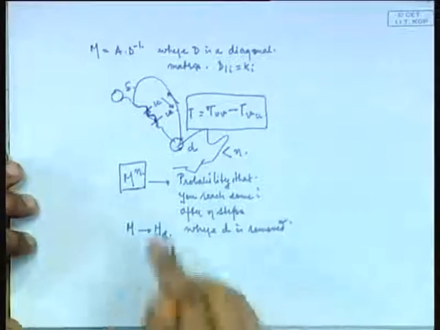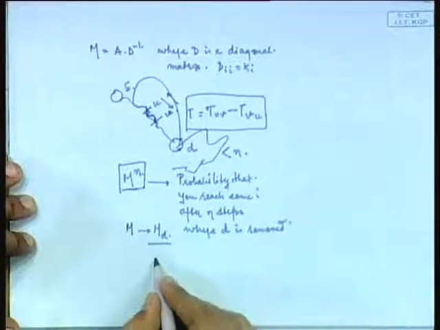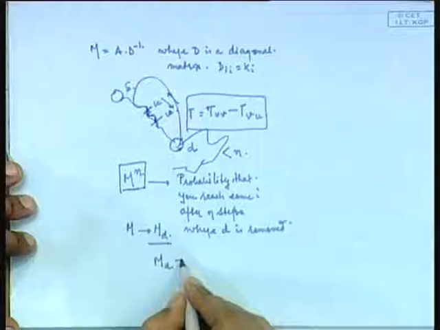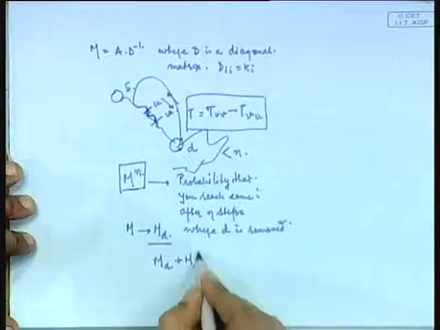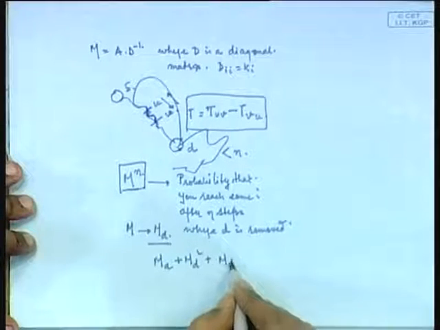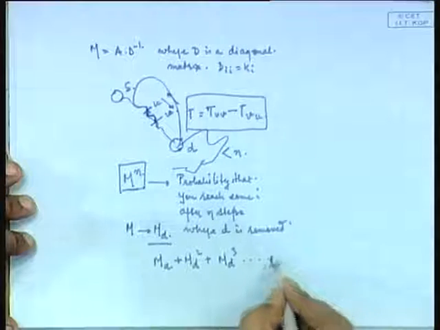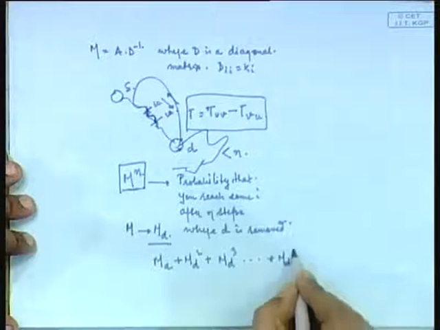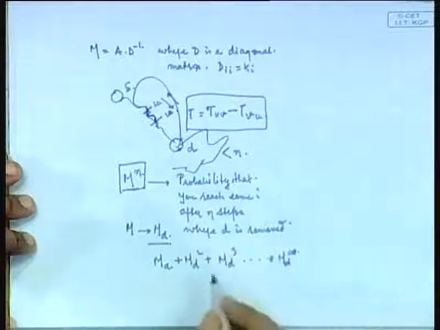So, simply, reaching D is reaching any step and then transitioning to D. You think in that way and you remove D. So, now you have the matrix, and then M_D to the power 1 plus M_D squared plus M_D cubed, in this way up to M_D to the power infinity. What does this give?